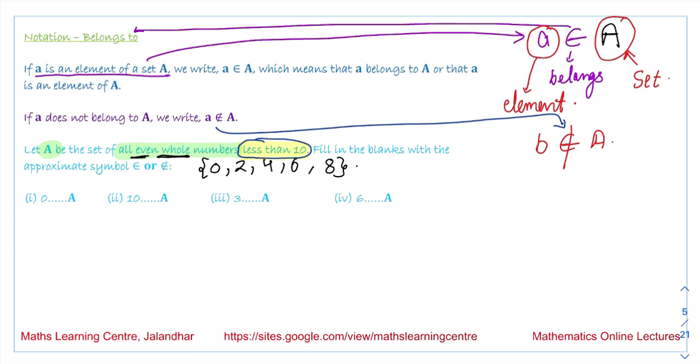Now if we look at this collection, then this element 0 is there in this. We are writing this set as A is equal to this.